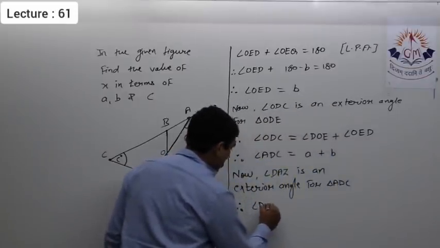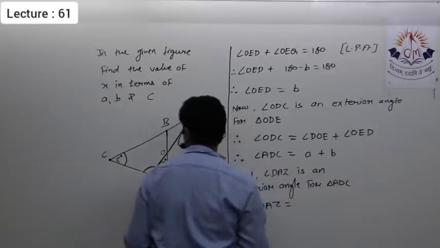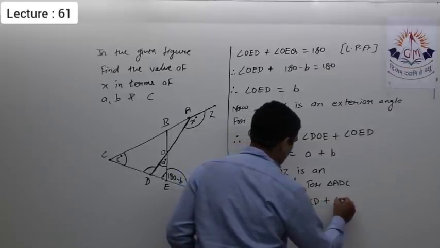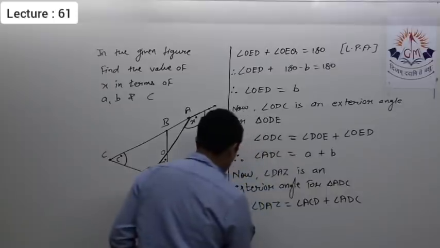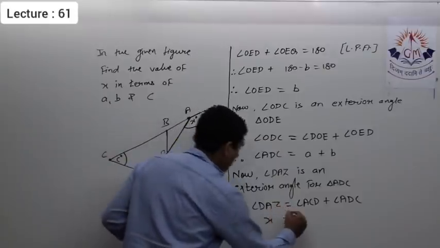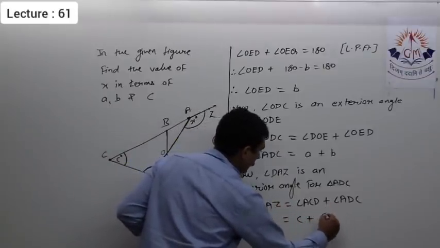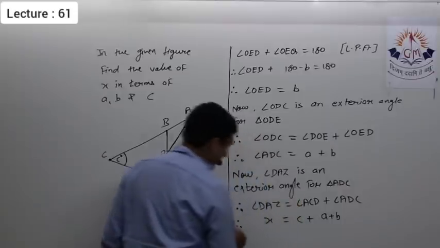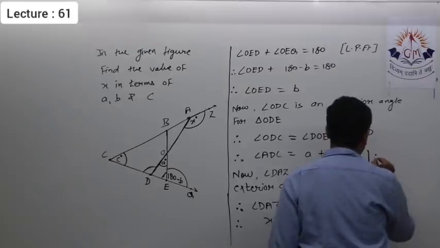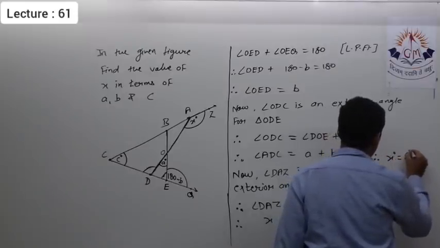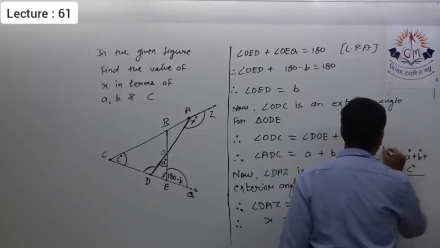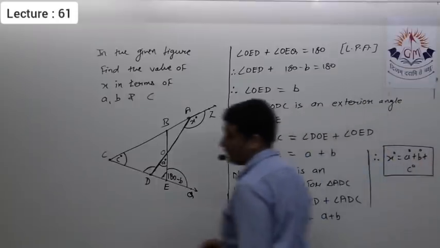So angle DAZ is equal to angle ACD plus angle ADC. Now angle ACD is c and ADC is a plus b. Simply I can say x is equal to a plus b plus c. Therefore x degrees is equal to a plus b plus c. This is my final answer. Okay, so please note it down.